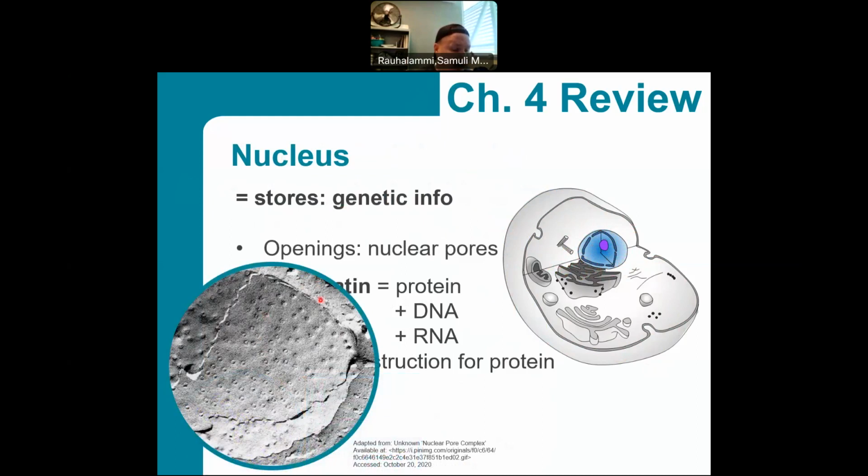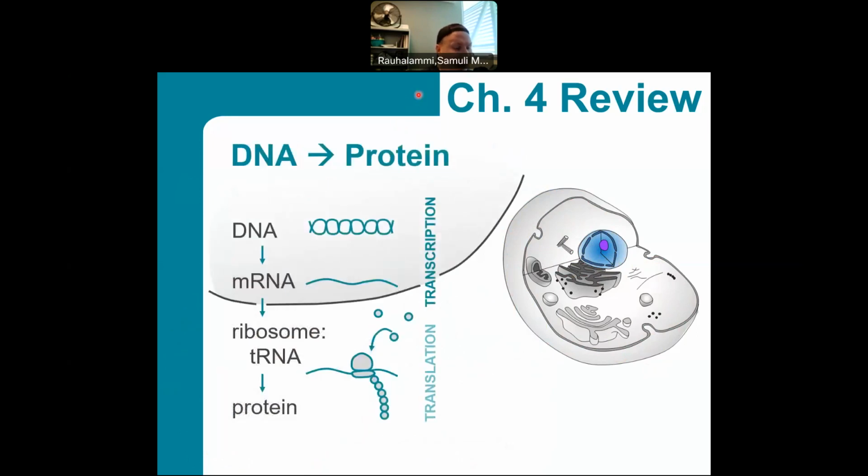Here we're seeing a microscopic view, an electron microscope view, of the nucleus's wall. You'll see that there are these small openings, nuclear pores, through which materials can travel. Like I said, DNA stays within the nucleus, whereas RNA can enter and leave.